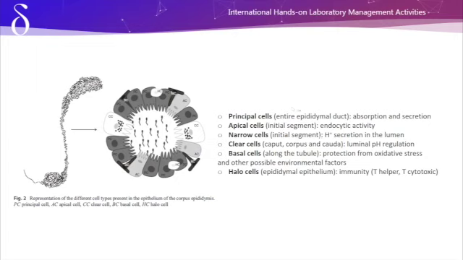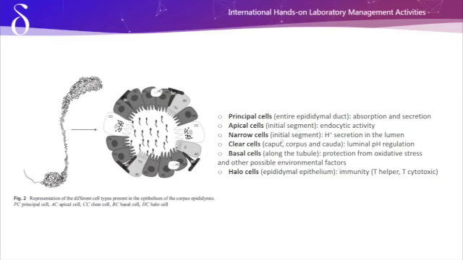Within the epididymis, we recognize different types of histological cells. See here some of them. The principal cells, which are present in the entire epididymal duct, are involved in fluid reabsorption and secretion of many different proteins and epididymosomes that are involved in this maturation process. The apical cells, mostly present in the initial segment, are shown to have endocytic activity.